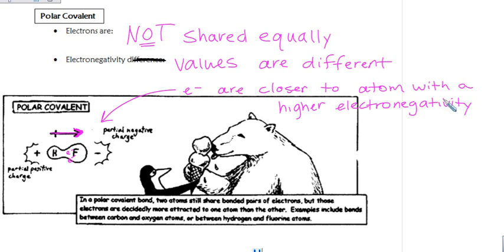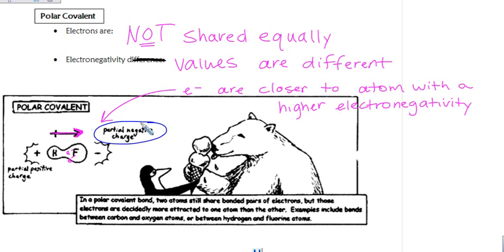Well, that makes sense, because again, electronegativity is the ability to attract or steal electrons. If fluorine is higher, they might share, but they're not sharing equally. The electrons will be held closer to the fluorine. Now, last time I checked, electrons are negative. That creates a partial negative charge.